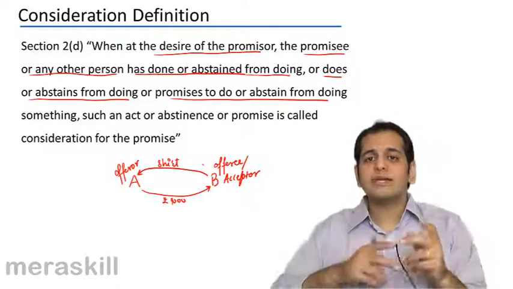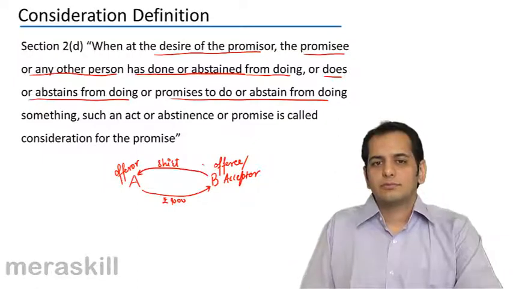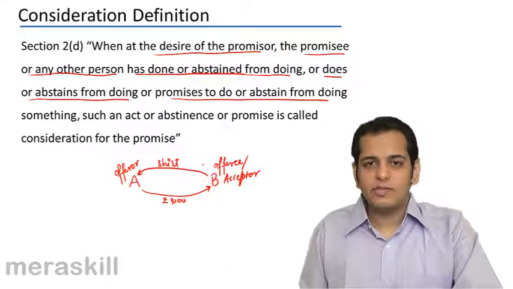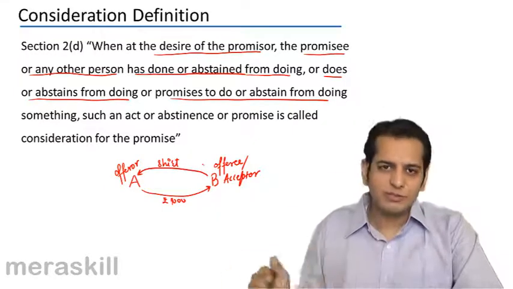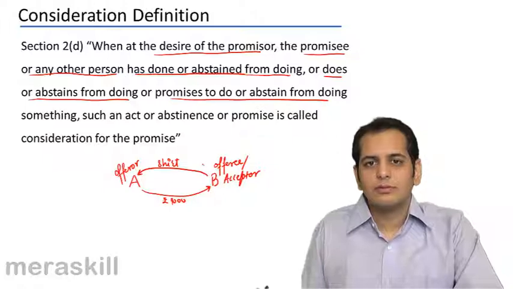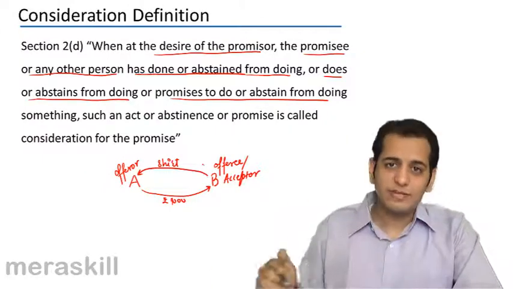So in this case, we have a set of promises. So half of the definition of agreement is done because we have a set of promises here. The second half says these set of promises should form consideration for each other.